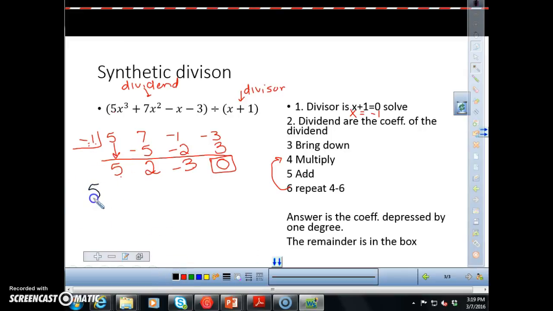So 5x squared plus 2x minus 3 with a remainder of 0. We don't have to write it. How do I know it's squared? Because the dividend starts as degree 3, it gets reduced by 1 degree, to 2. If this had started out as a degree of 4, then this answer would have been cubic.